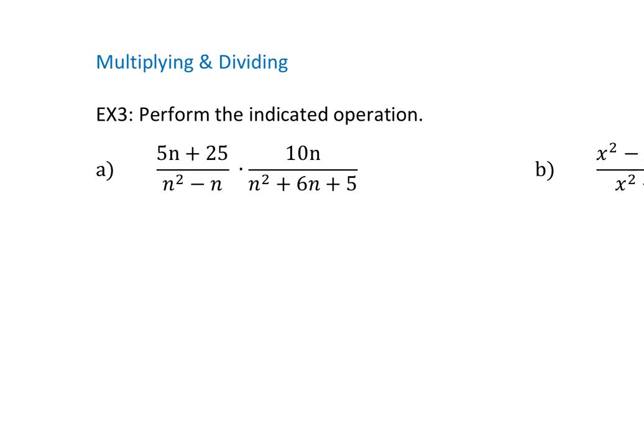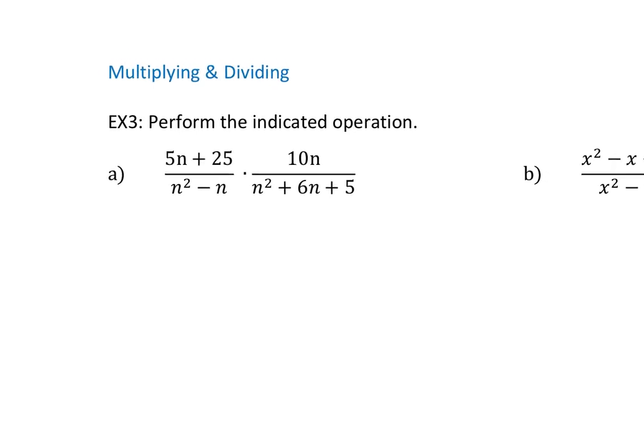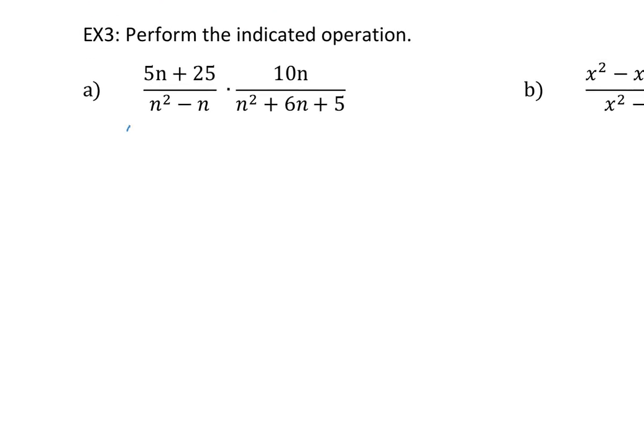So example 3 part A, I could see that the numerator factors into 5 times n plus 5. Denominator, factor out an n, and we have n minus 1. So remember, every time you factor out, what's left over is going in parentheses. Times the 10n stays.